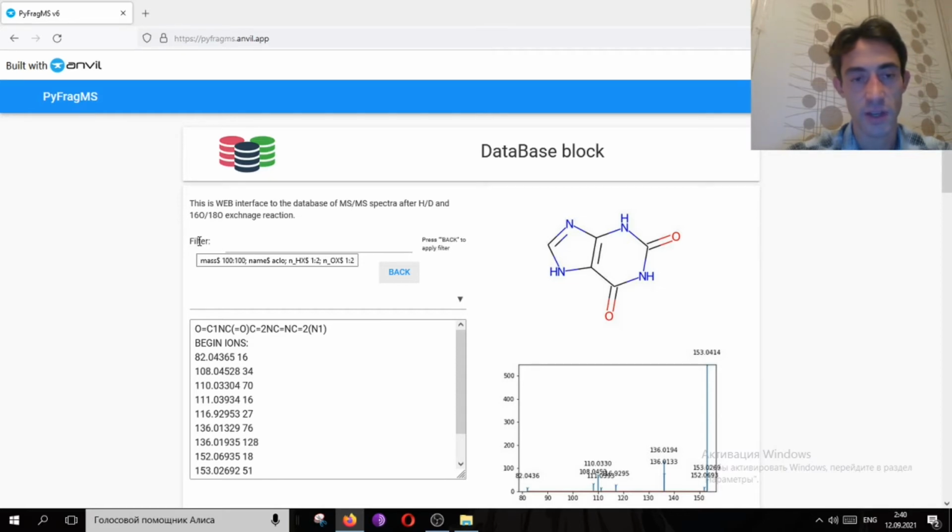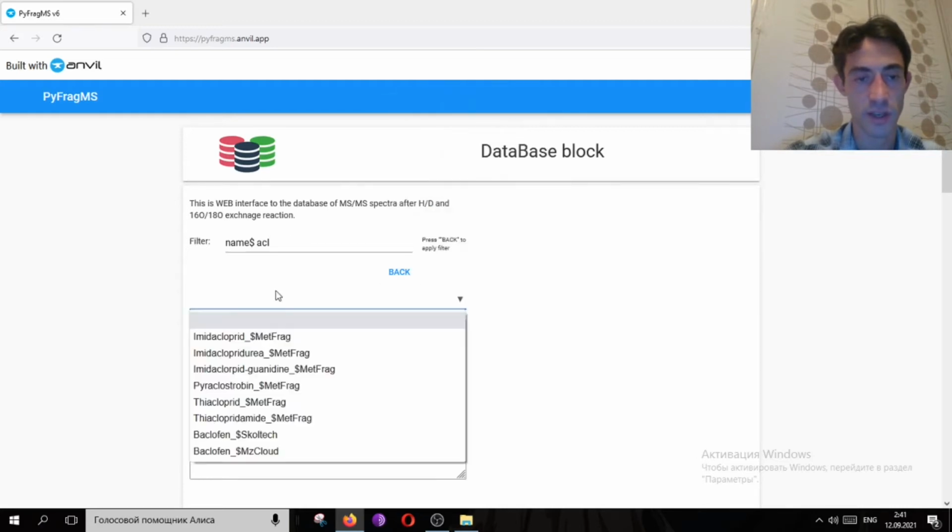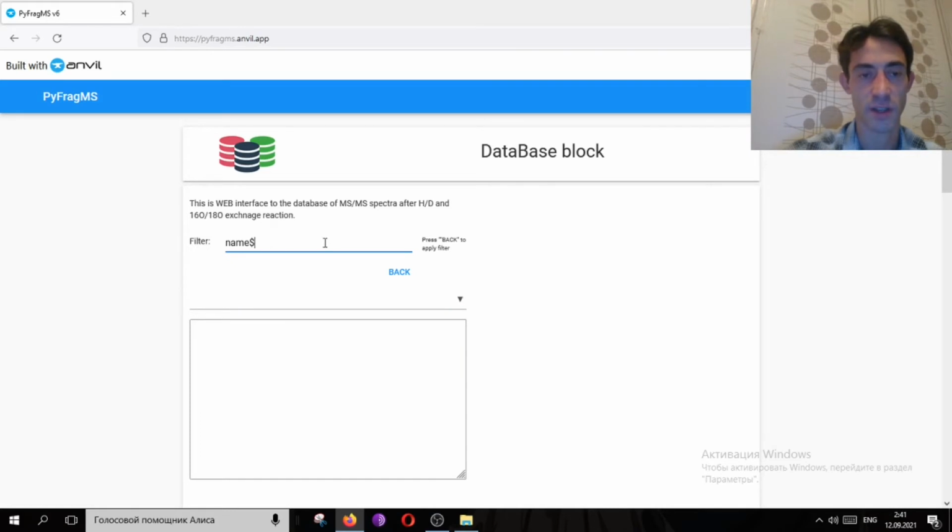There are filters that could be used to find molecules by name. For example, if we would like to search for molecules containing, say, this string in the name, we should write it like here, and we will find only molecules with such a string in a name.